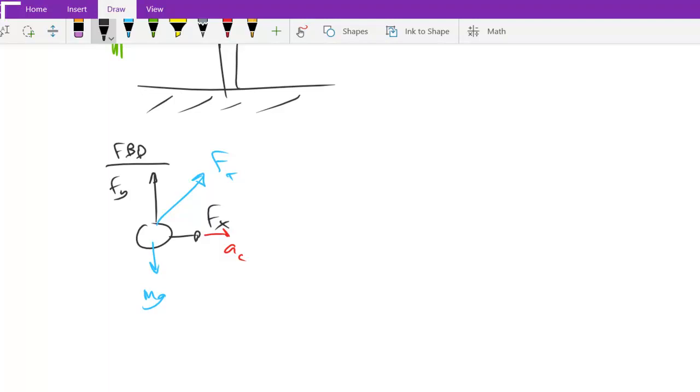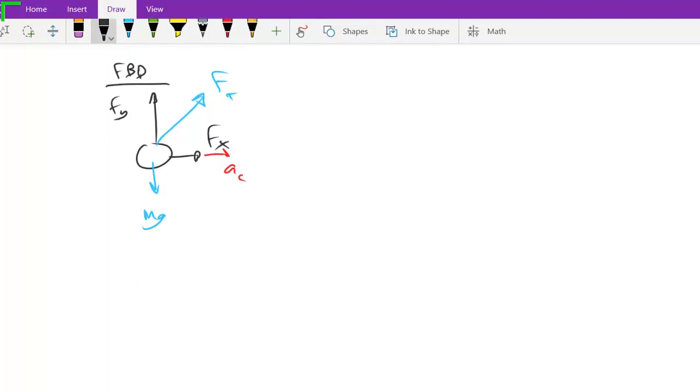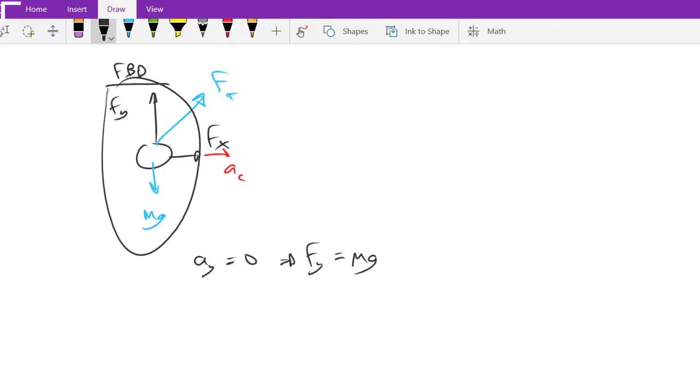And when we sum these forces, these must balance out since the acceleration in y is 0. The acceleration in the y direction is equal to 0. It means that we're going to have Fy is equal to mg, and the acceleration in the x direction is the centripetal acceleration.